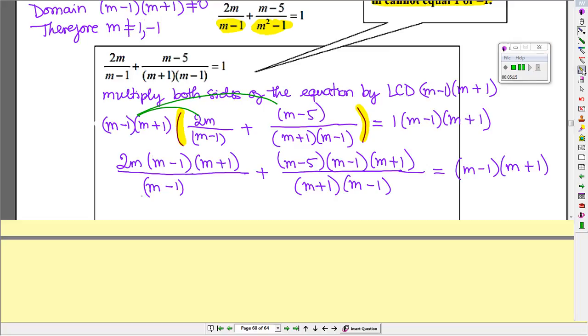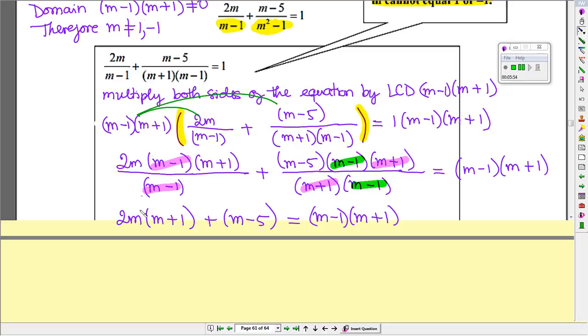Okay, next step we divide out the common factors. On the first fraction the m minus 1 is gone. For the second fraction we have m plus 1 and m minus 1 cancel. So we are left with 2m times m plus 1 plus m minus 5 equals m minus 1 times m plus 1.